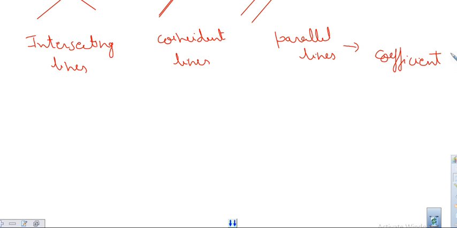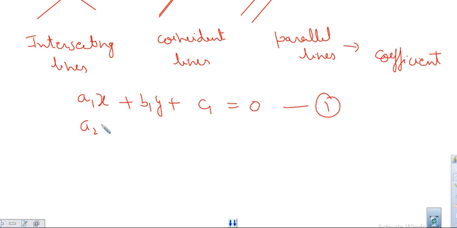If I take the general form of two linear equations in two variables, they are like this: a1x plus b1y plus c1 equals 0, and a2x plus b2y plus c2 equals 0.